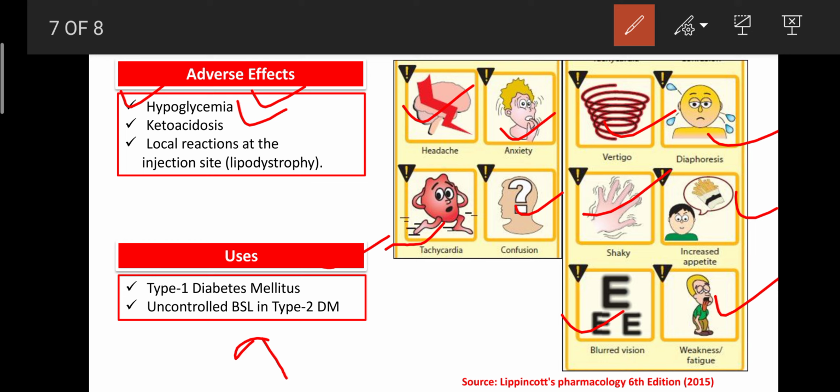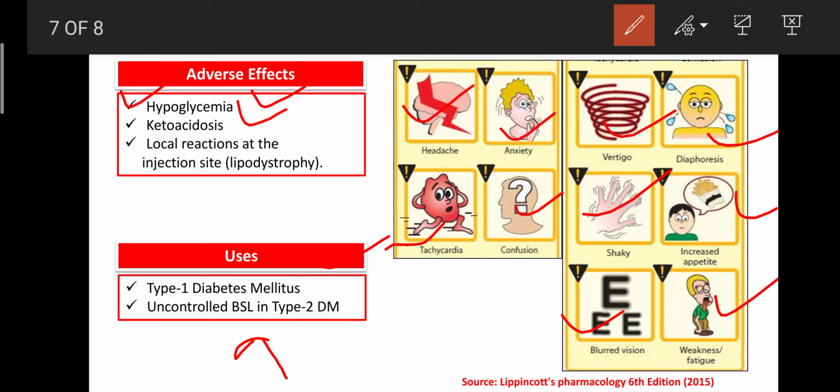But in non-insulin dependent diabetes mellitus, if the sugar is not controlled in certain conditions, the doctors or physicians can use insulin. Once the sugar level is normalized, after that they can use oral hypoglycemic agents. So like that, insulin is helpful for the regulation of blood sugar levels.